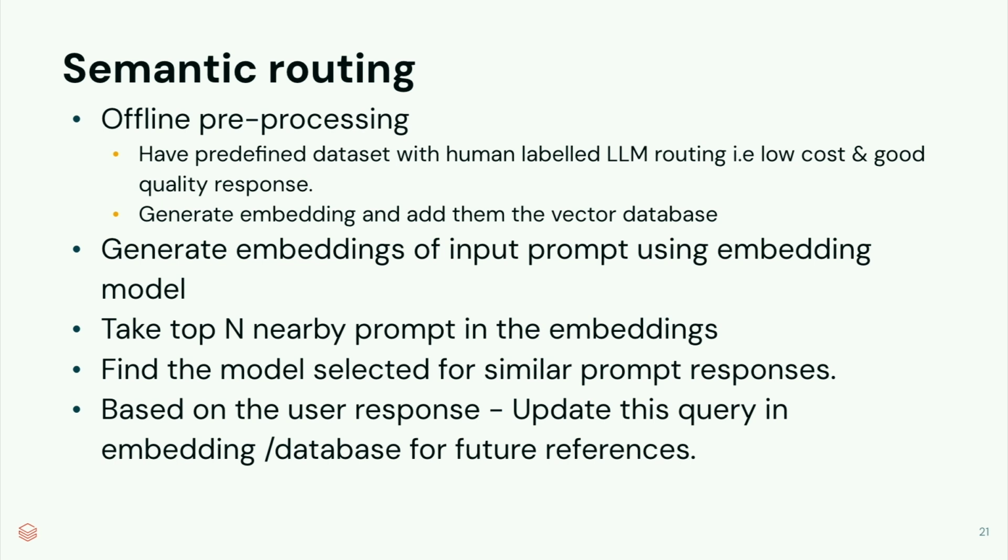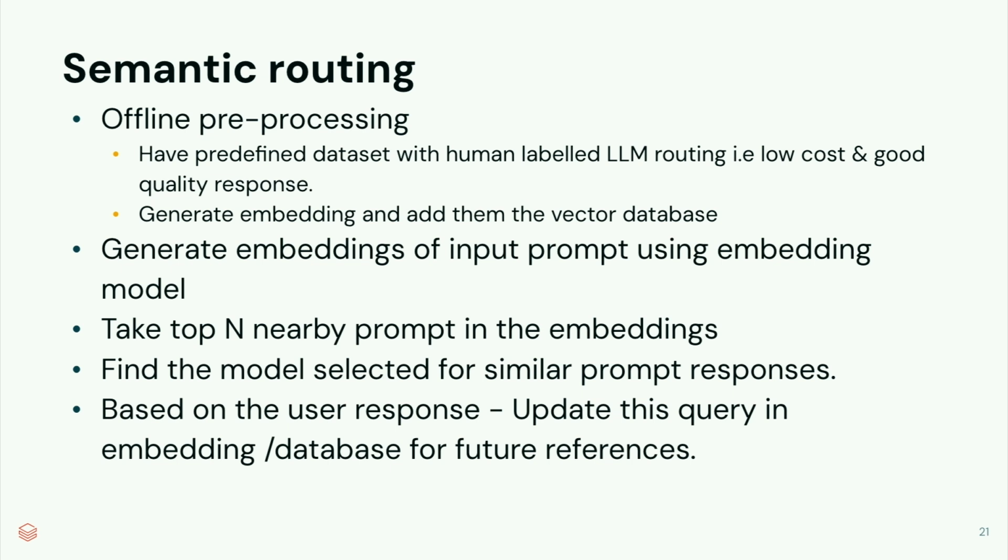On semantic routing, this is where you are actually getting into the embedding space, understanding how we route the query based on the embedding of the input query and what is already out there. So in the offline processing, you would have a predefined data set with human labeling, and then the corresponding best LLM for those queries.